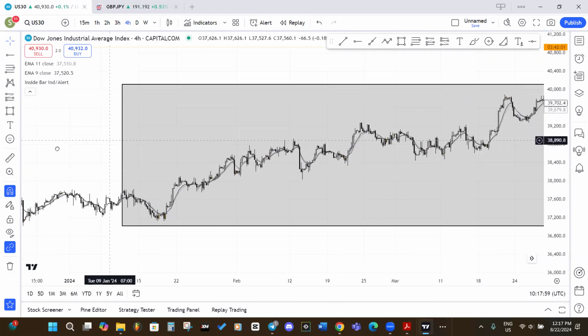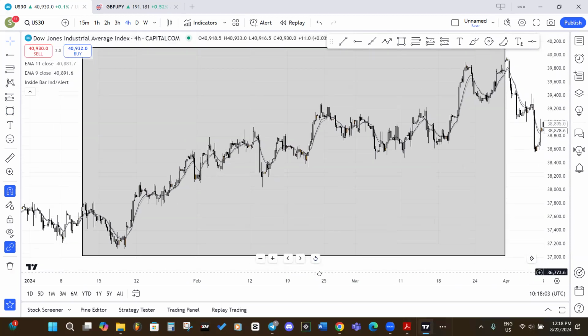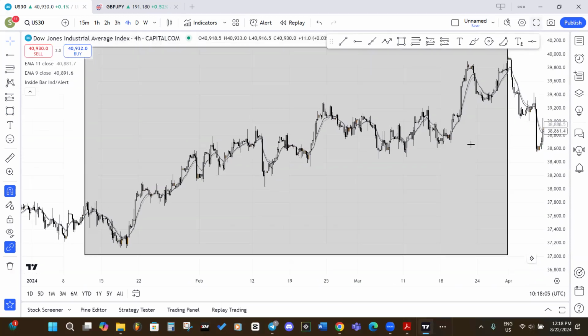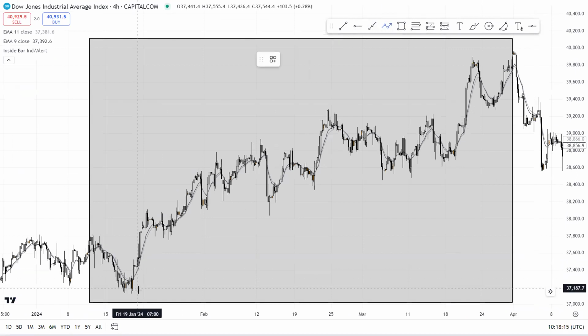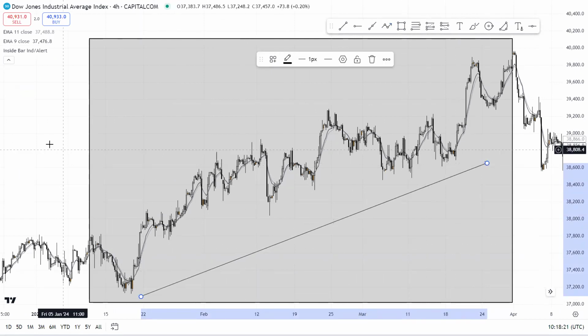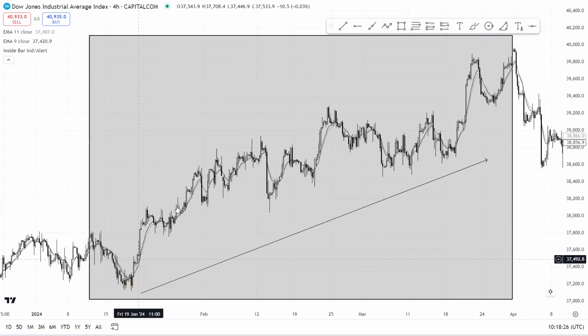Okay, in this case also, we have the 4-hour time frame. Maximize this. If you can see here from the 4-hour time frame, if you consider this phase from here all the way here, you can see that buyers are currently in control. Even though we have periods where the market is dropping down, overall the market is pushing up.